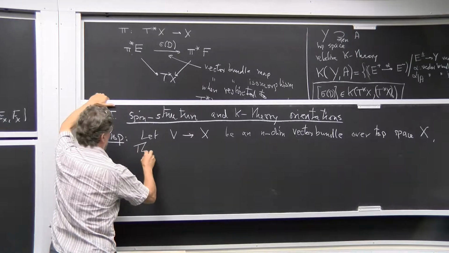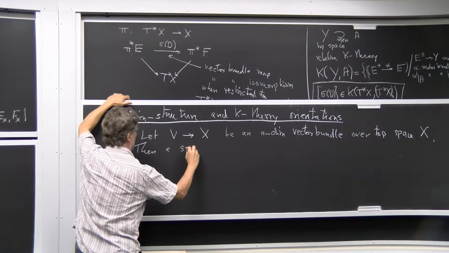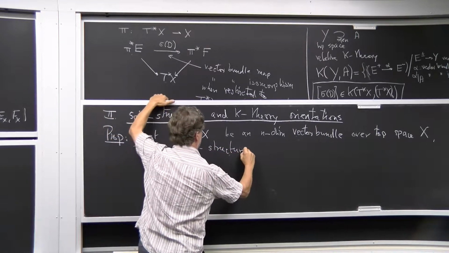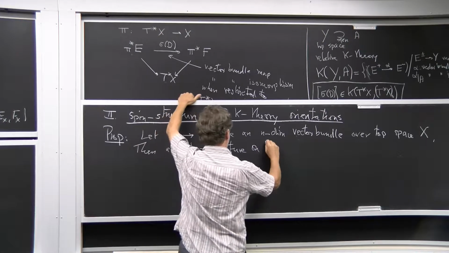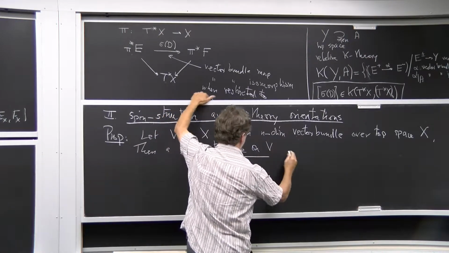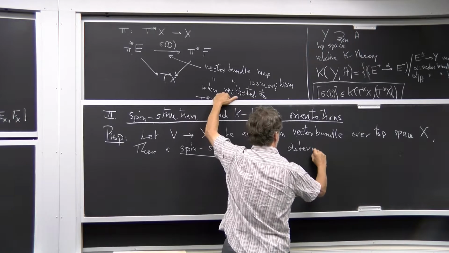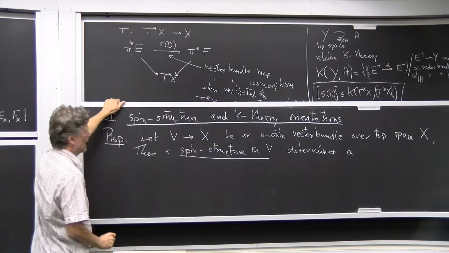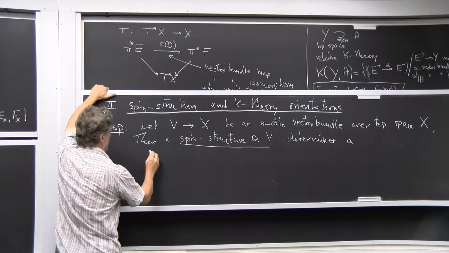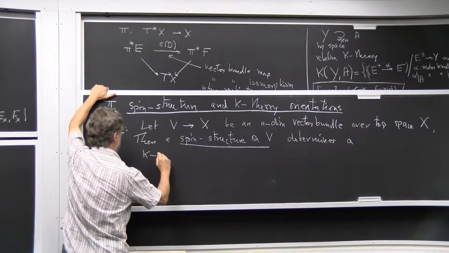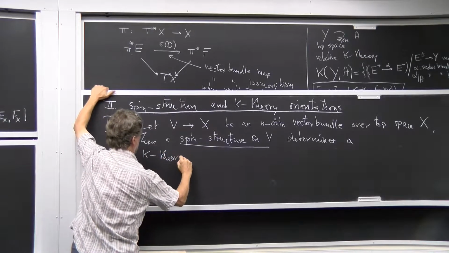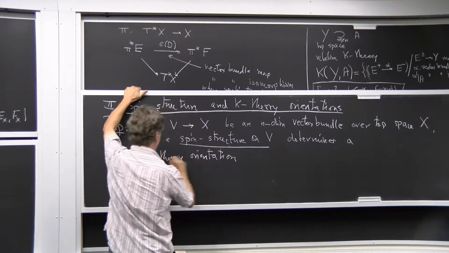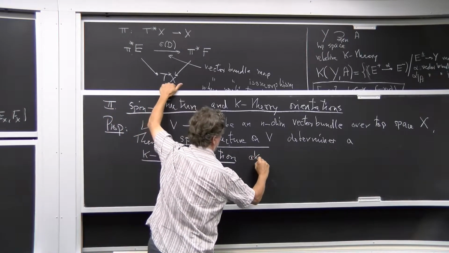Then the statement is, then a spin structure, I obviously need to define what I mean by that, on V determines a particular class in the K-theory, which is called a K-theory orientation, also known as Thom class.